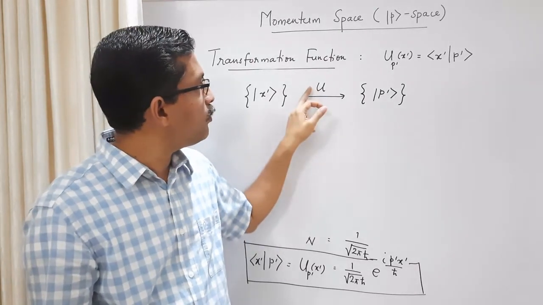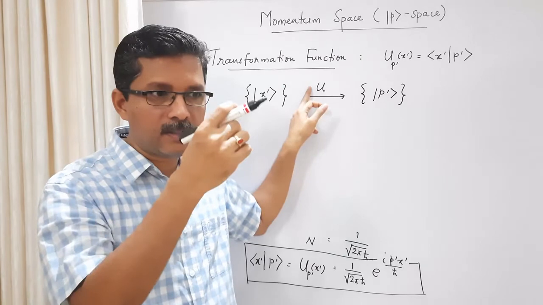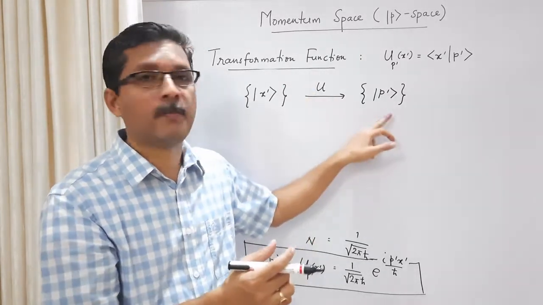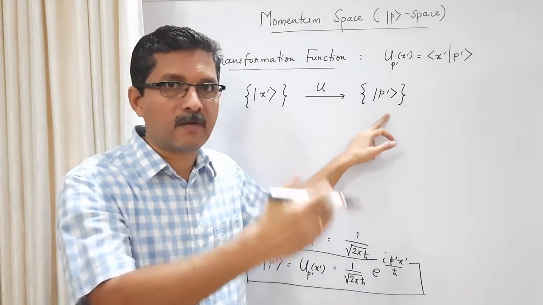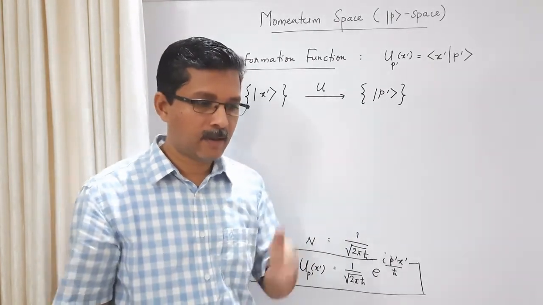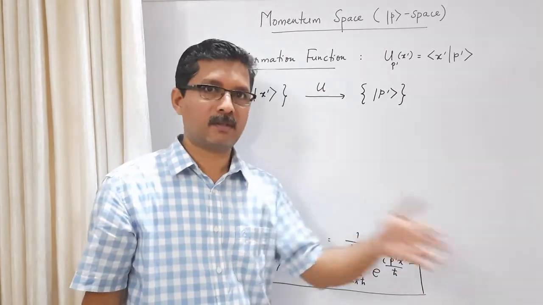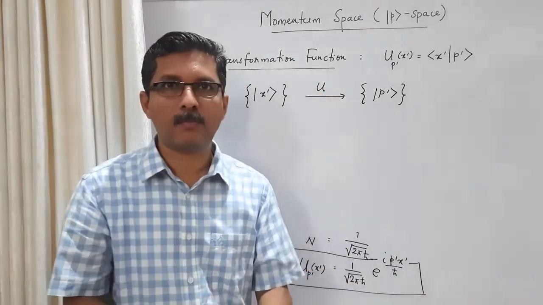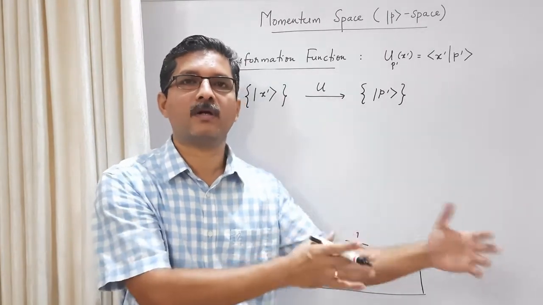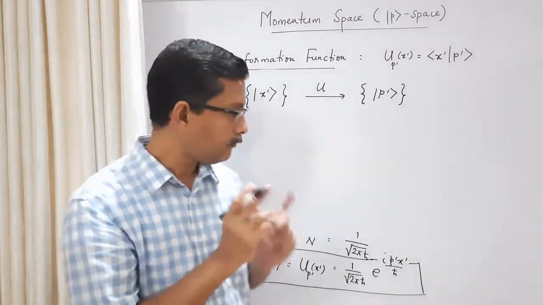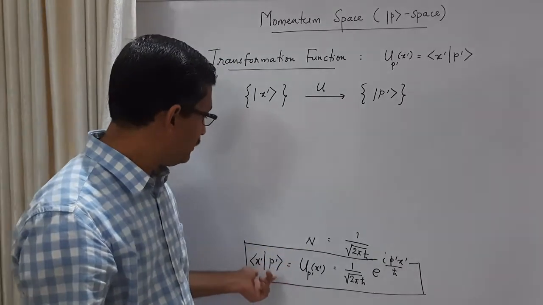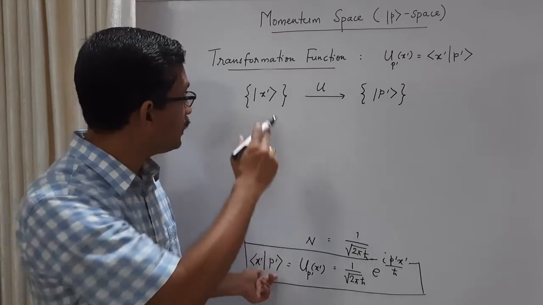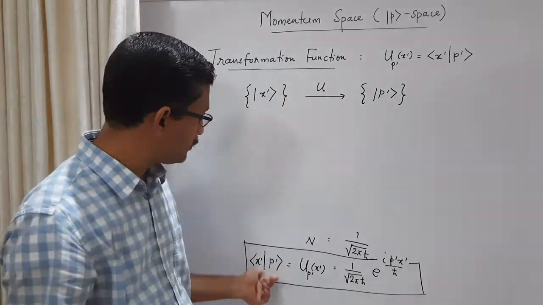Then each column of this unitary operator should be the components of the eigenfunctions of the momentum operator corresponding to each eigenvalue p prime, p double prime, p triple prime, etc. So each column of this matrix should be the components of the eigenfunction corresponding to one eigenvalue.